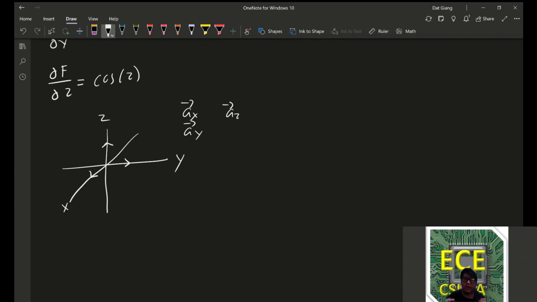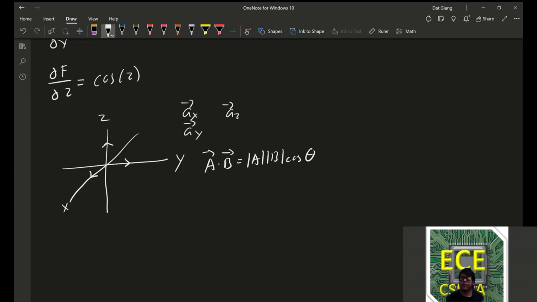The dot product between two vectors, A and B, is their magnitudes times cosine of theta. If you notice, these three vectors are 90 degrees away from each other. And as such, cosine of 90 degrees becomes 0.